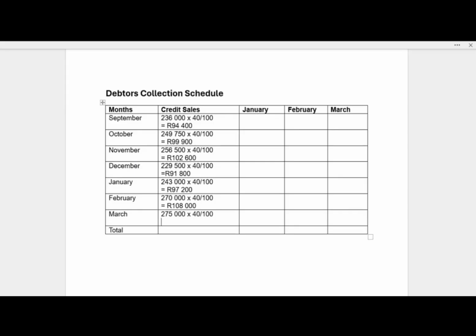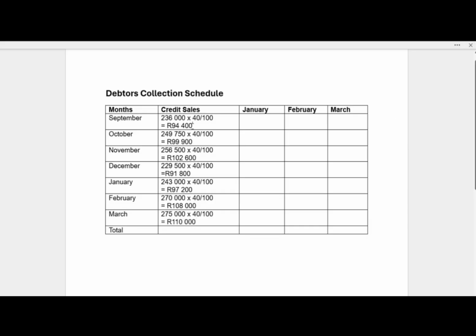How much is your credit sales right there? 275,000 multiplied by 40 divided by 100, and then I am getting 110,000 credit sales for March. That's what I'm going to collect.